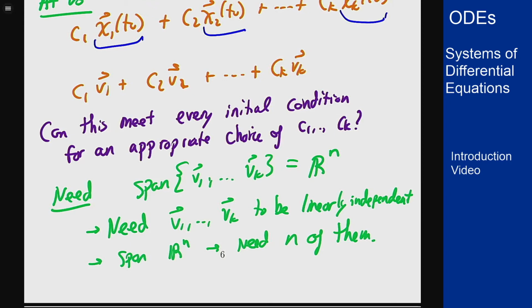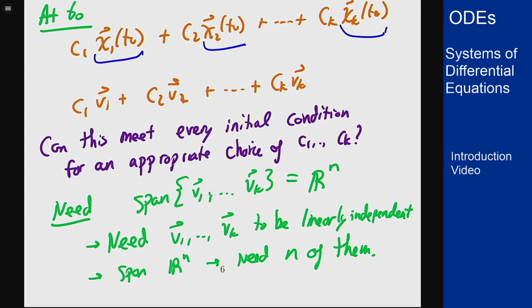We can't have repeated solutions. Like for equations where we had a double root, we couldn't just use e to the 3t twice, because those wouldn't be linearly independent. That wouldn't give me the ability to meet every initial condition. So I need linearly independent solutions, as in these vectors at the initial condition value must be linearly independent, and I must have n of them so that they can span all of the vectors I need, so I can meet every initial condition.